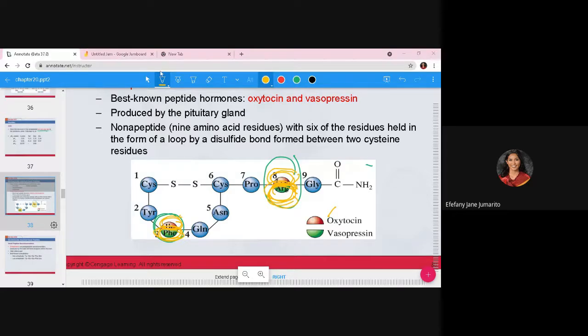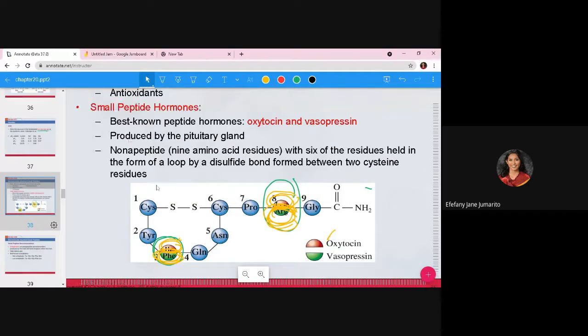Okay. Now, your amino acid cysteine is very unique. It's unique because it has sulfur. It's the amino acid that has sulfur, the cysteine, and it makes it unique because two sulfurs can form a disulfide bond.